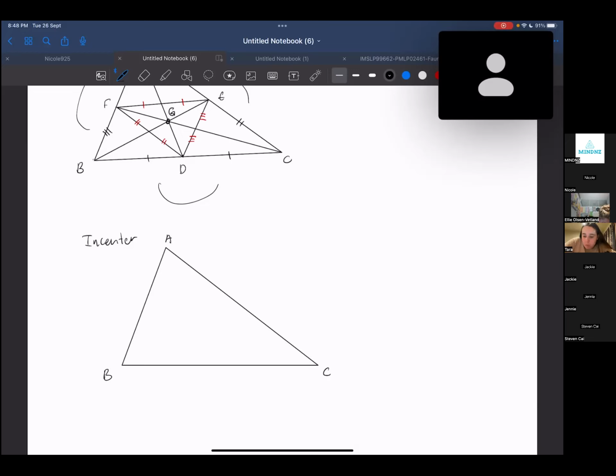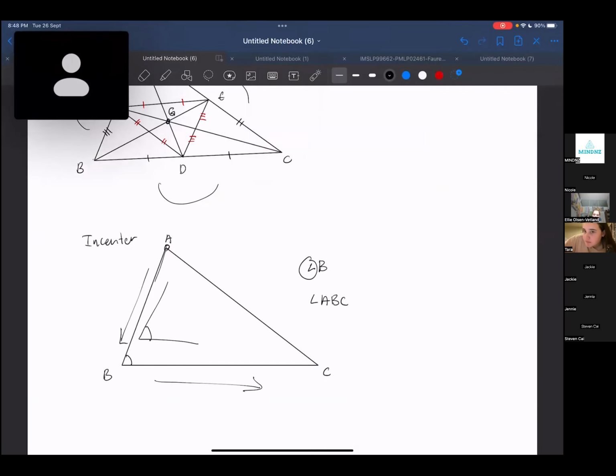So this is how we notate angles, by the way. If we wanted the angle at B, then we could either say just this little angle sign, B, or we could write A, B, C. So it's essentially going from A to B to C, so you get this outline, and therefore it means this angle.